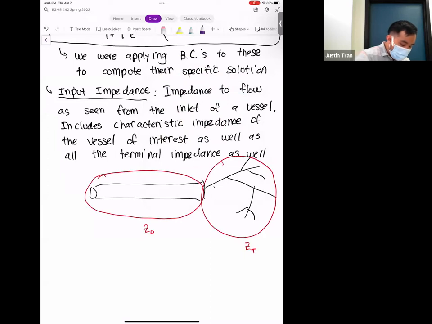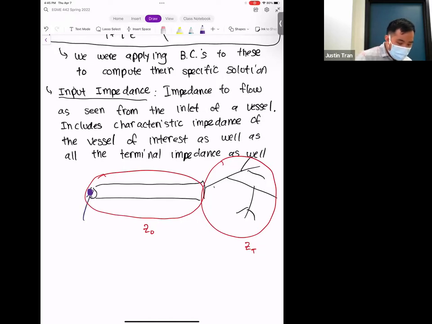And so the perspective is that if you're sitting right here, let's say that you're a blood vessel, right? Joe Schmo blood vessel, and you're a blood cell, Joe Schmo blood cell, and you're about to flow through this vessel and all of the downstream, right?